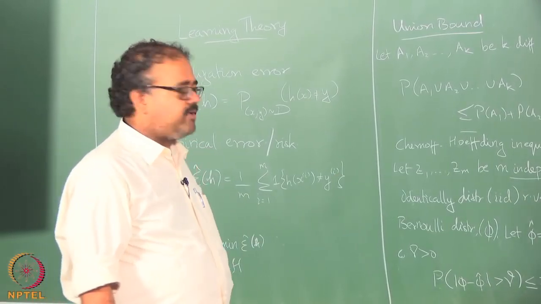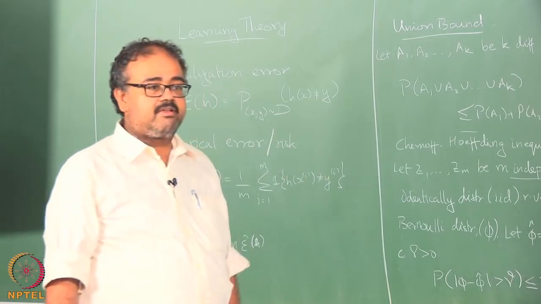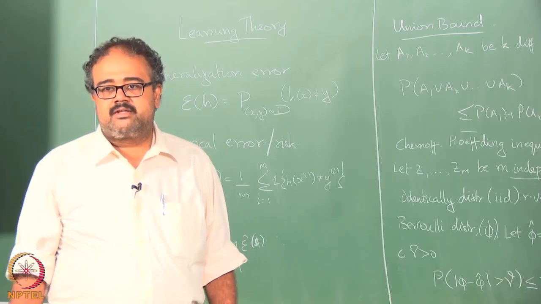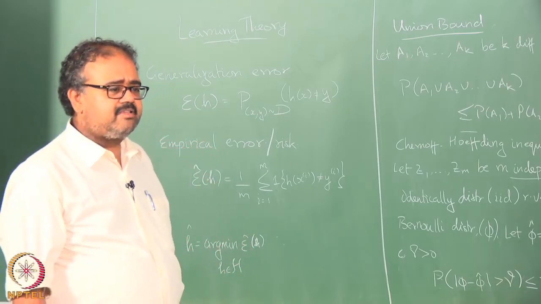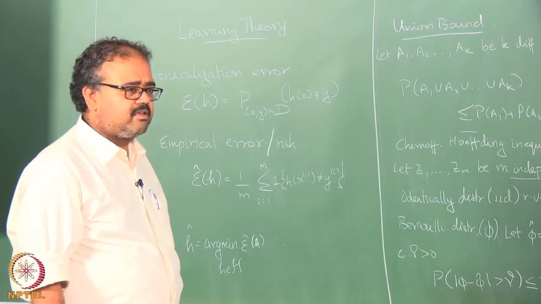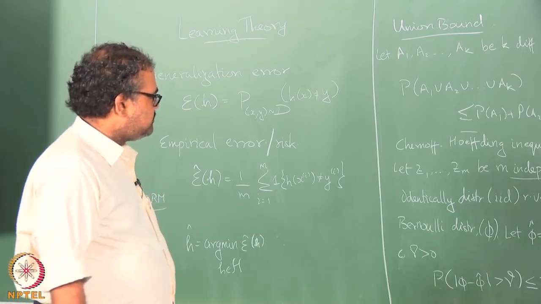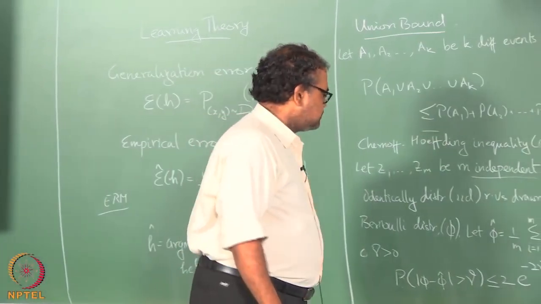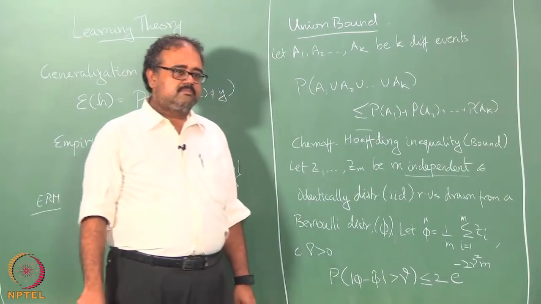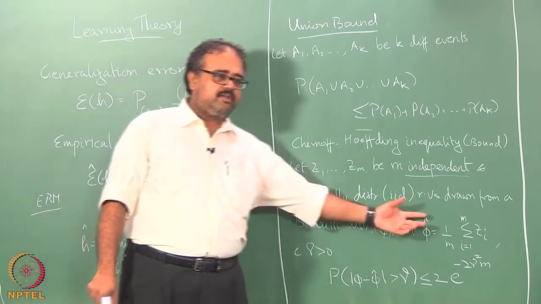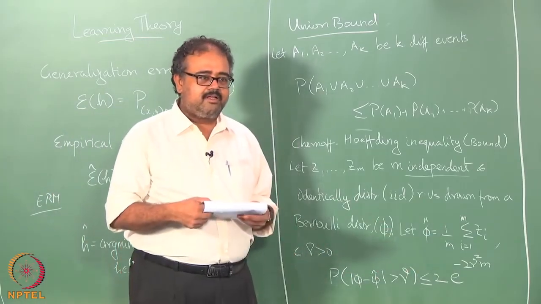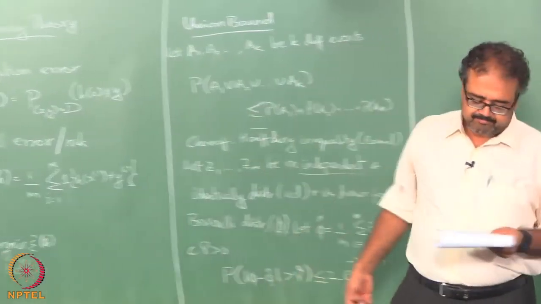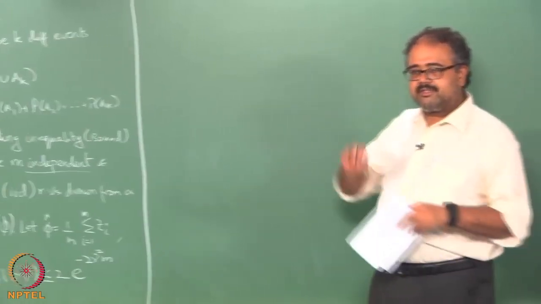Alternatively, I can ask, I have so many samples, then how accurate am I likely to be? Is it enough to fix the number of samples? It will be a little bit more work, but there are multiple things here.